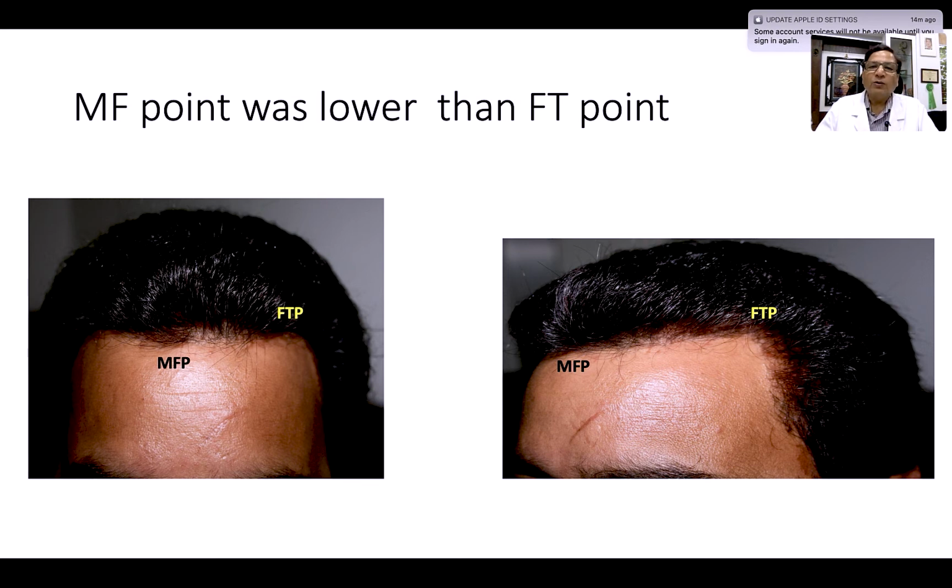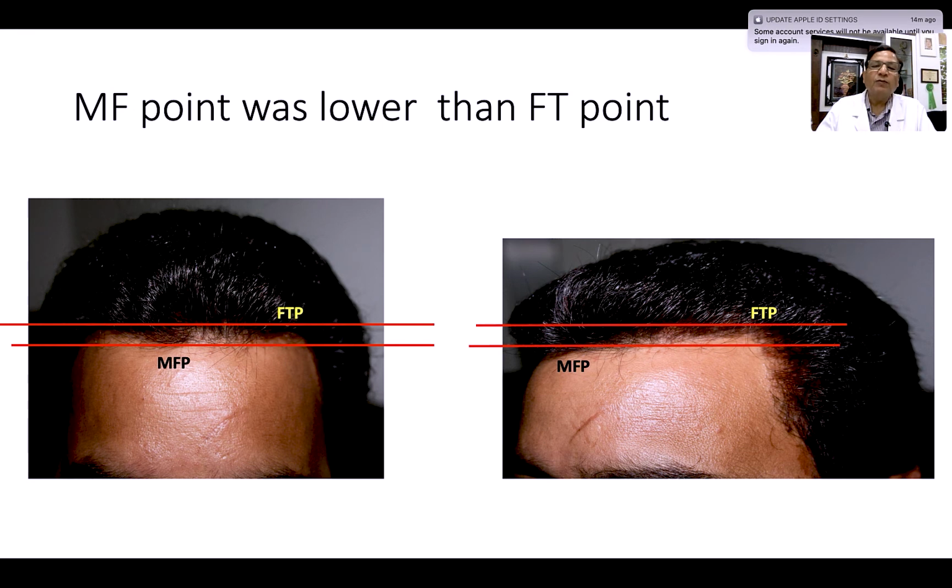Do they follow the basic concepts of designing the entry hairline? One is that the mid-frontal point should be lower than or at the same level as the frontotemporal point. We studied this in all cases, and in every case the frontotemporal point has always been a little higher than the mid-frontal point.